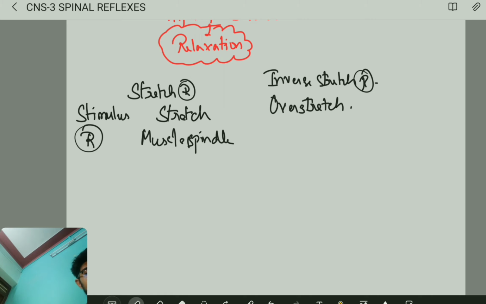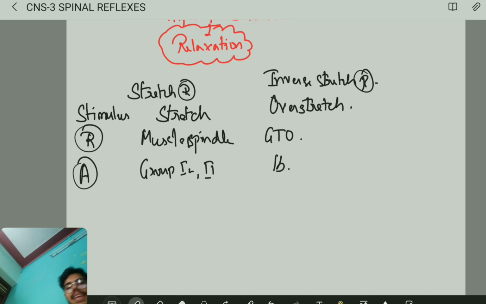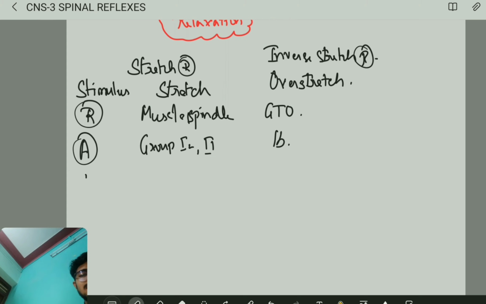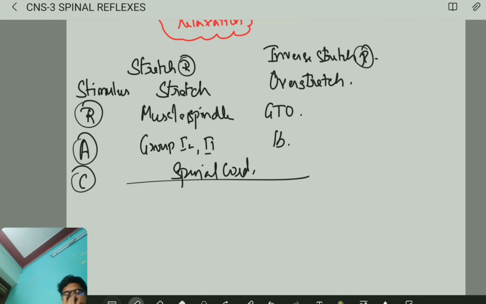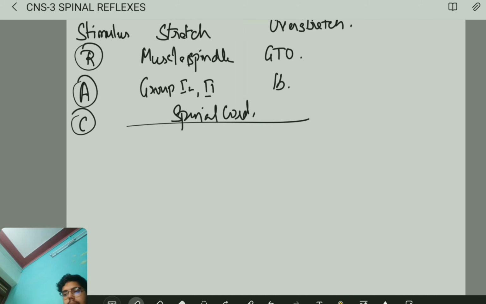Inverse stretch is the Golgi tendon organ. What is the afferent or sensory? Here it is group 1A and also 2. Here it is 1B. Inverse stretch is 1B. What is the center? All are spinal cord. Next, what is the output?